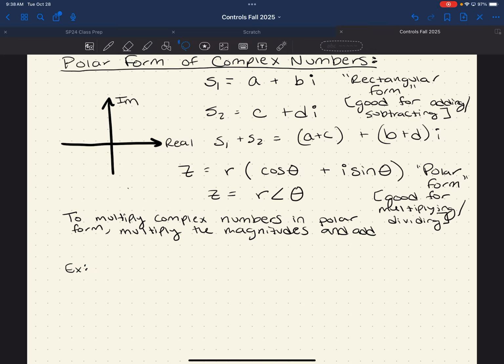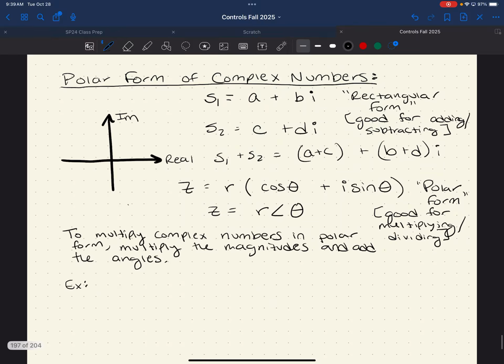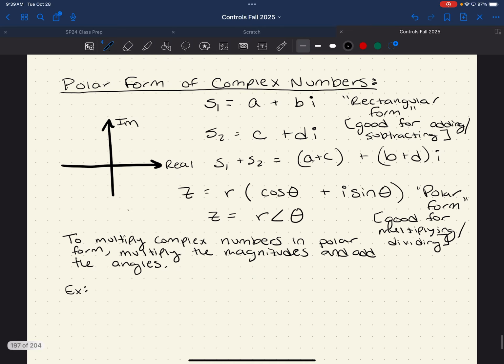And I'll explain graphically what the magnitude and the angle is, although you've had some introduction to this when we looked at the pole and zero angles when we were doing root locus.